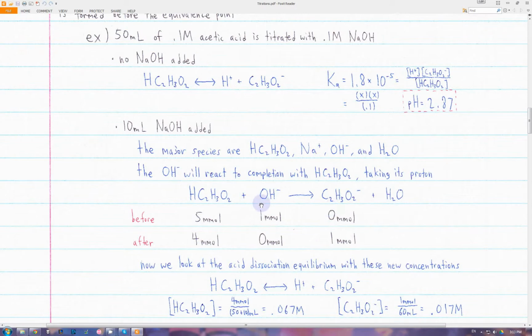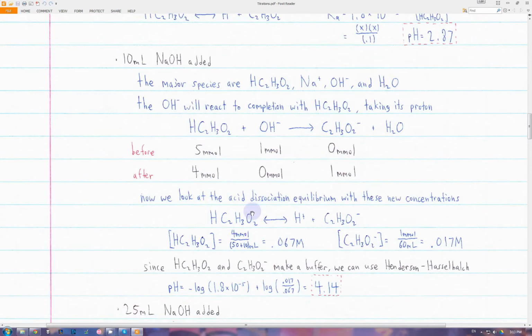So after the reaction, all the hydroxide ion is gone, and we have 4 millimoles of acetic acid and 1 millimole of acetate ion. Now, after the stoichiometry problem, we look at the equilibrium to determine the pH.